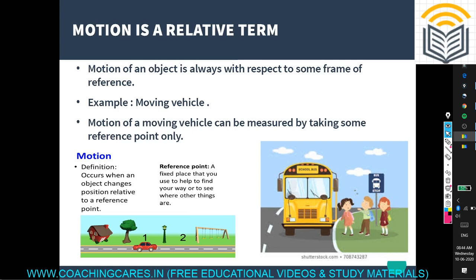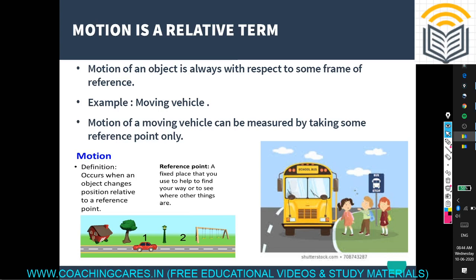Three friends are just standing at a bus stop. Let us understand whether they are in motion or not, because they are standing alone at rest at the bus stop.